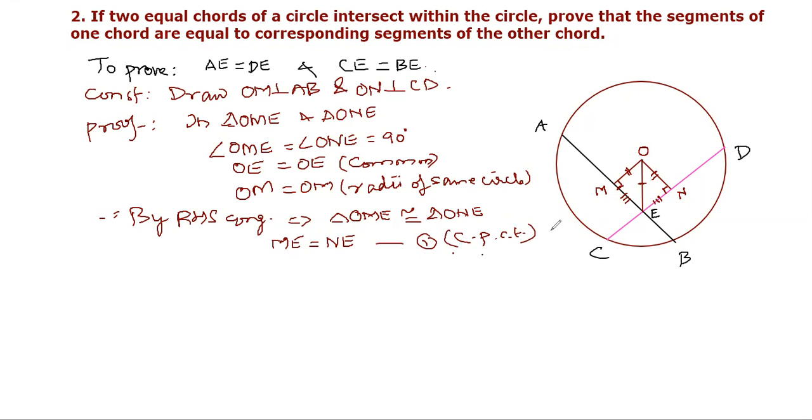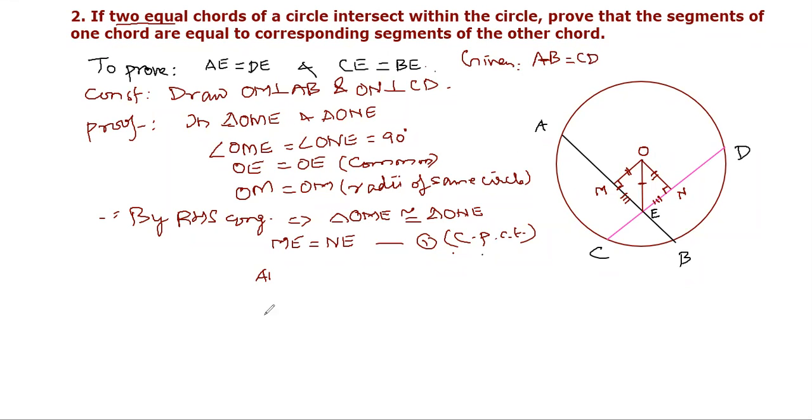Now, you know that AB is the chord and OM is the perpendicular dropped from the center, so it will bisect the chord. We forgot to write that it is given that the chords are equal, that means the length of AB is equal to the length of CD.